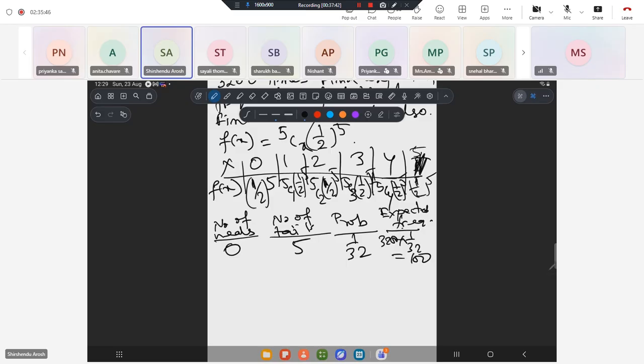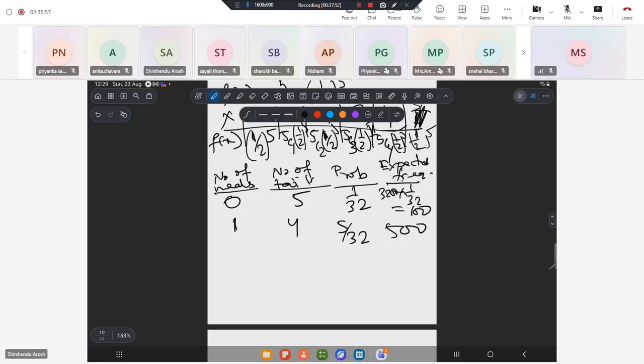In this case, 1 and 4: 5 by 32, same, should get 500. 2 and 3, again same, 5C2, so this is 10 by 32, so we get 1,000.